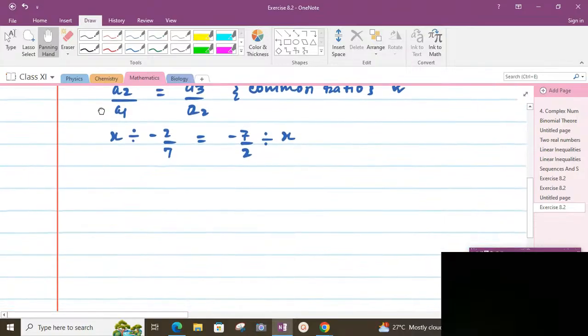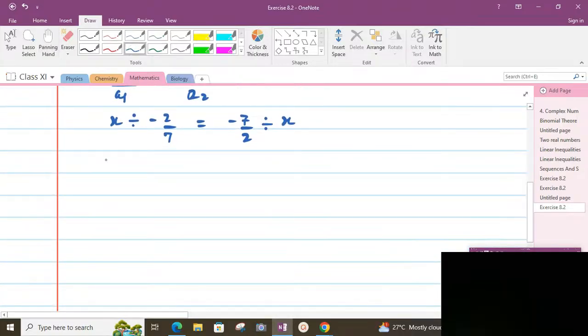So the next step here will be x into minus 7 by 2 equal to minus 7 by 2 into 1 by x. Hope there is no problem to understand up to this step.